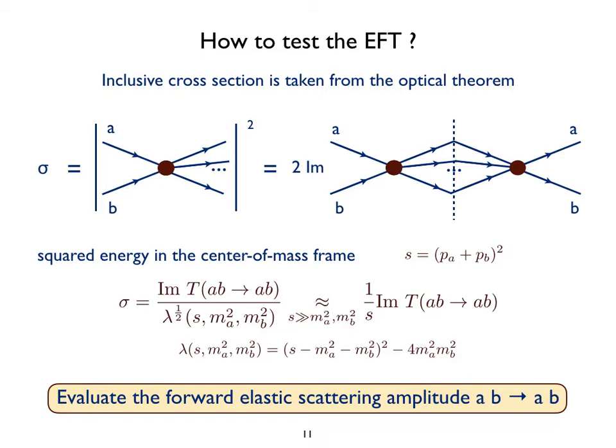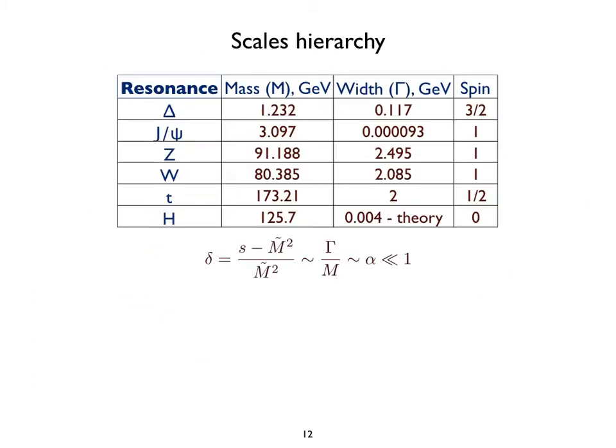Now I would like to turn to the main ideas of the effective field theory for resonant scattering. The common property of all resonances is the small width in comparison to the mass. This property naturally suggests to select the ratio of width over mass as an expansion parameter.